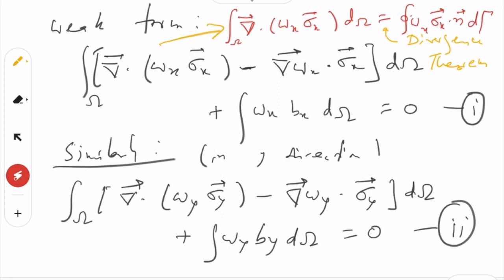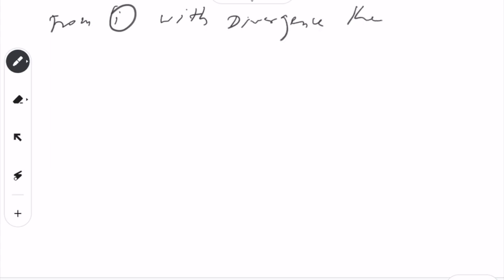So let's write that. From equation 1, we write the divergence with the divergence theorem, and what do we get?